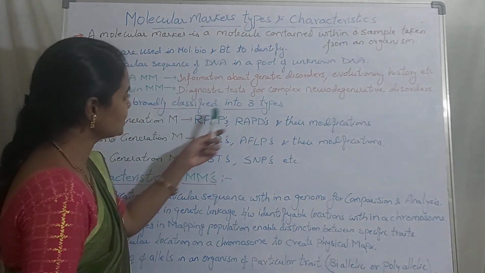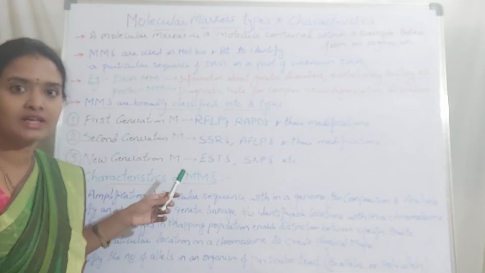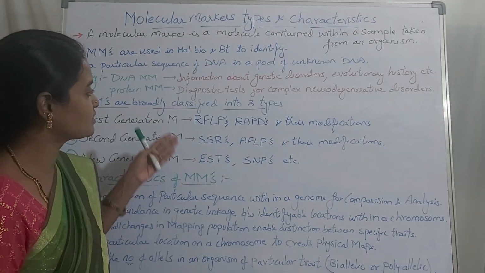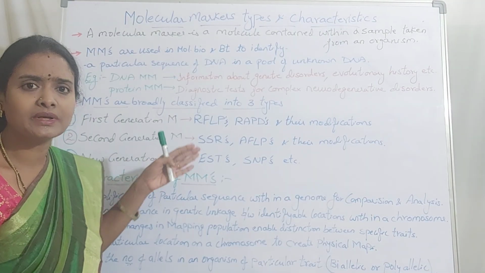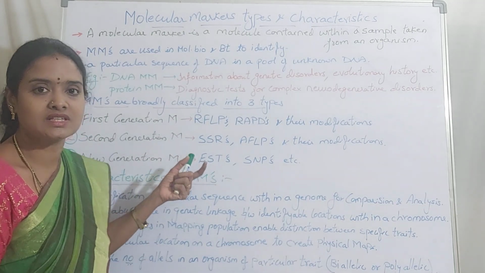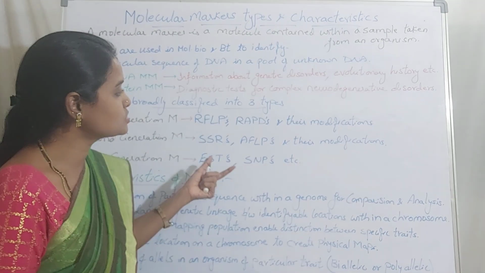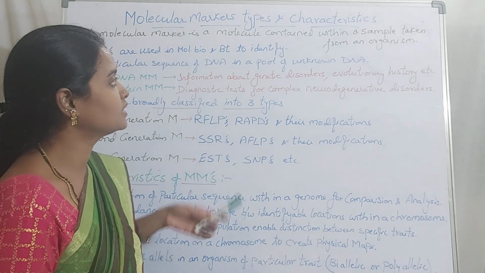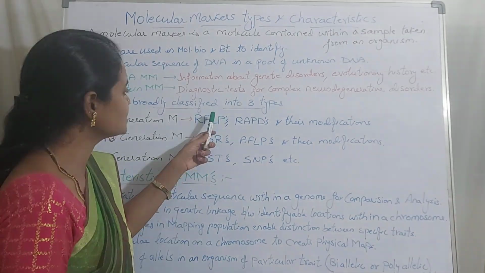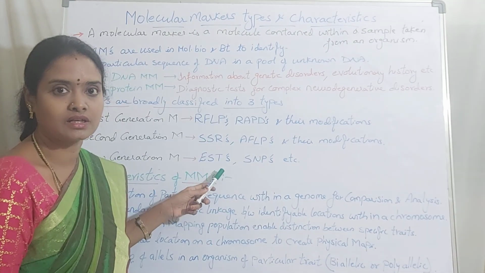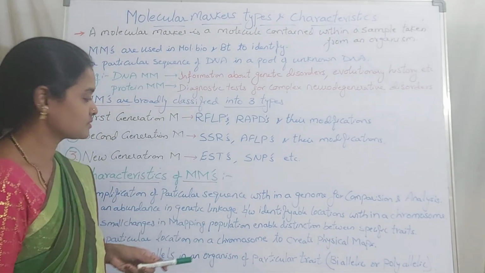So all these are fragments of DNA either having restriction digestion or rapidly amplified particular sites, or the single nucleotide is used to identify that particular DNA sequence. So we'll see all these techniques in detail, okay, in the next class.